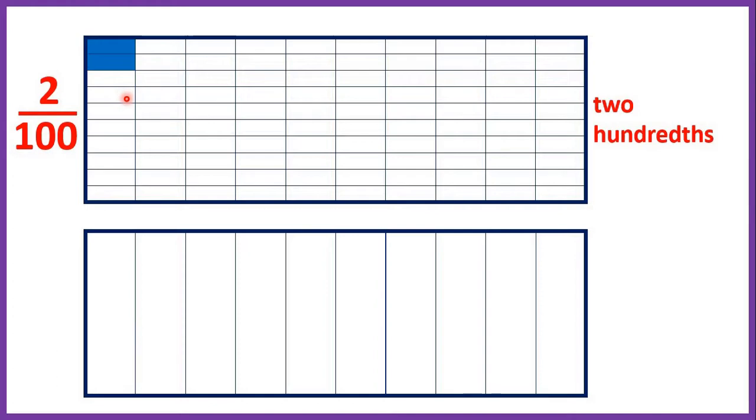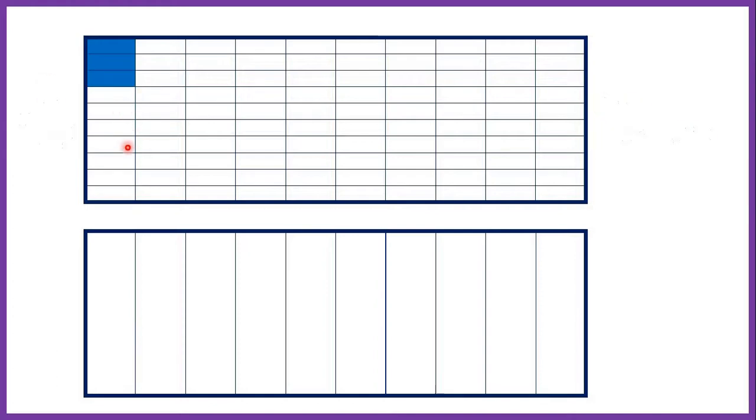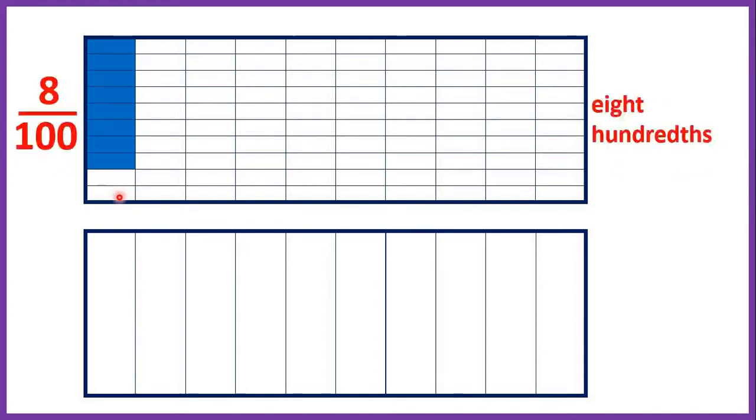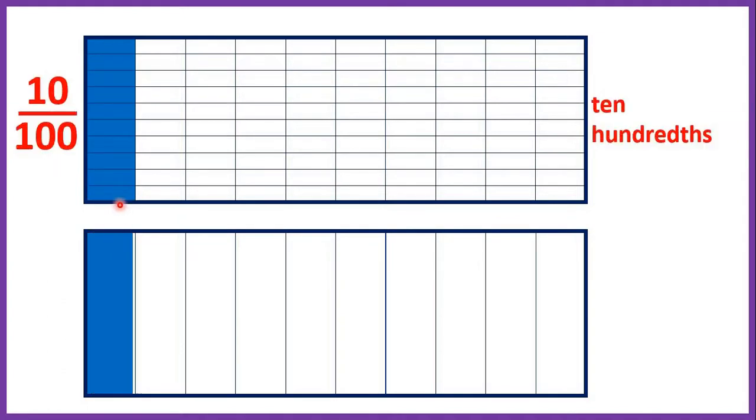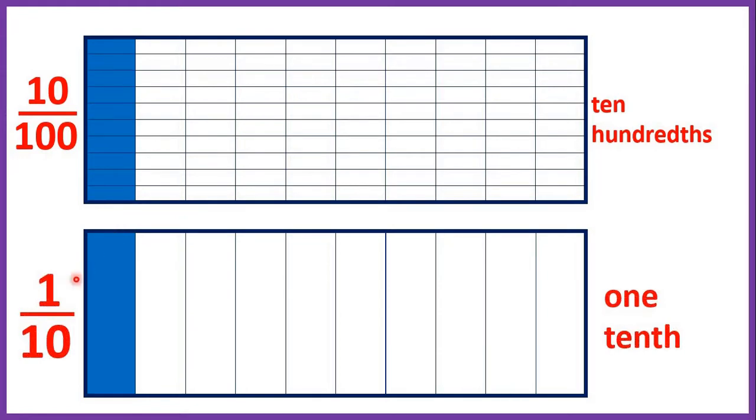We can count on 2 hundredths, 3 hundredths, and you get the idea, so I'll skip through. 9 hundredths. Then, if we've got 10 hundredths, we can see that that's the same as having 1/10. We've got the same amount shaded in both of our rectangles. So we can say that 10 hundredths and 1/10 are equivalent fractions.